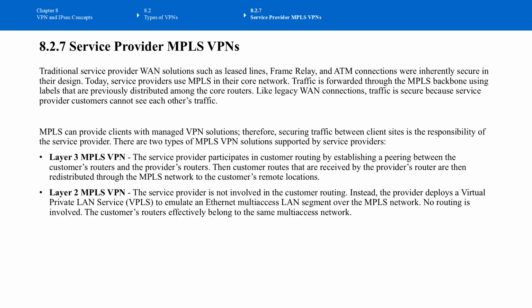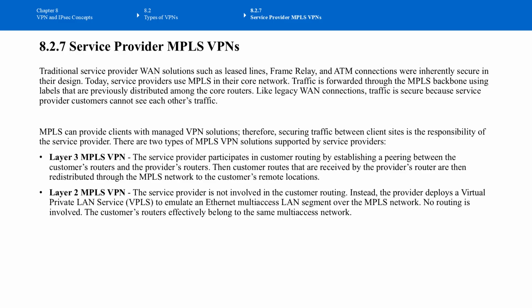Like legacy WAN connections, traffic is secure because service provider customers cannot see each other's traffic. The MPLS can provide clients with managed VPN solutions. So, secure traffic between client sites is the responsibility of the service provider.